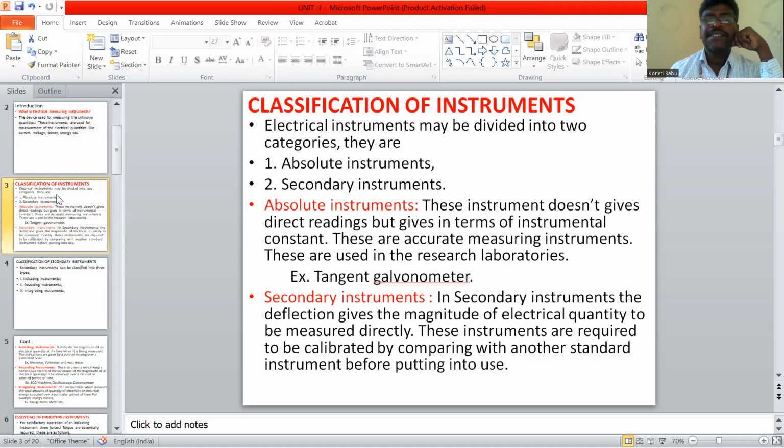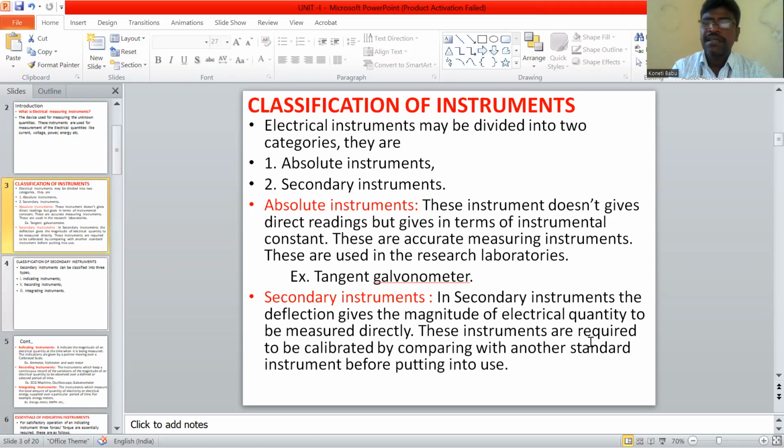The second type of measuring instruments is secondary instruments. In secondary instruments, the deflection gives the magnitude of the electrical quantity to be measured directly. These instruments are required to be calibrated by comparing with another standard instrument before being put into use.